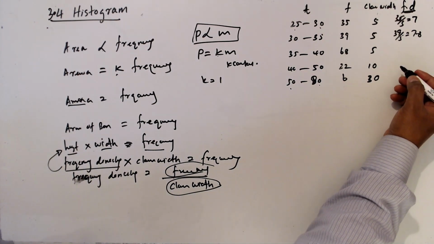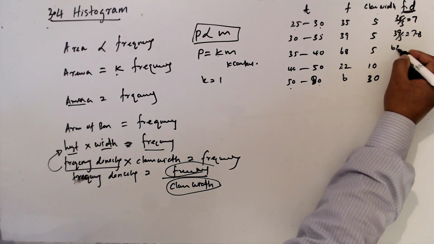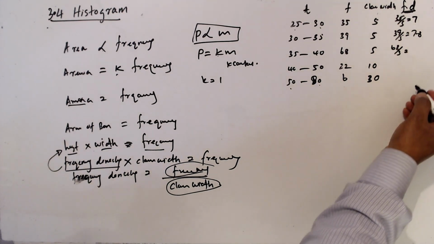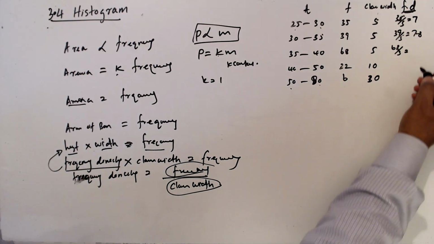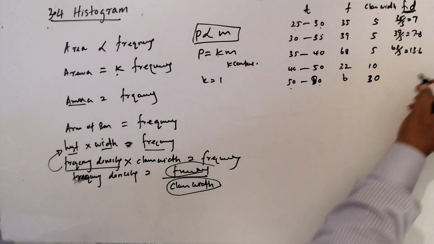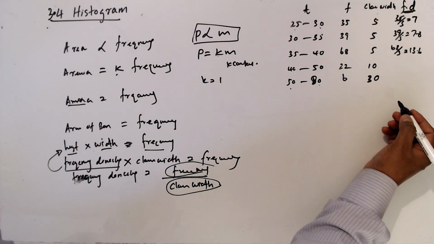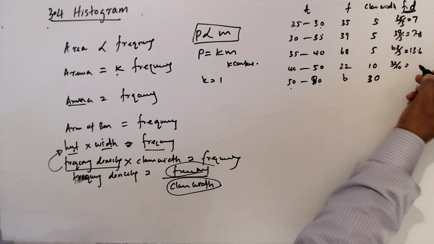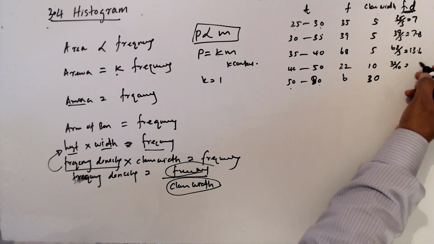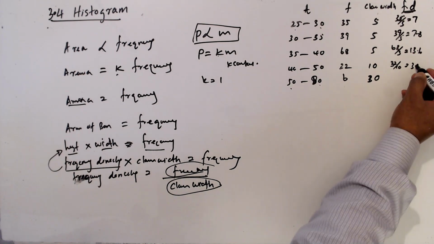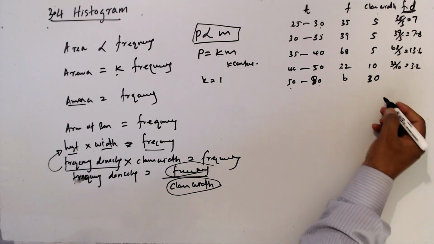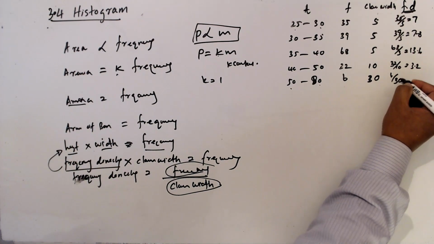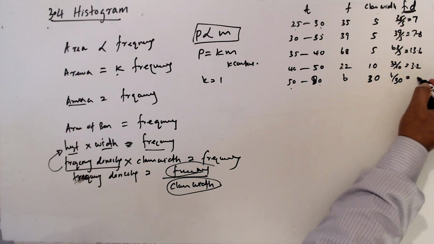Then 68 divided by 5 is 13.6. And 32 divided by 10 is 3.2. And 6 divided by 30 is 0.2.